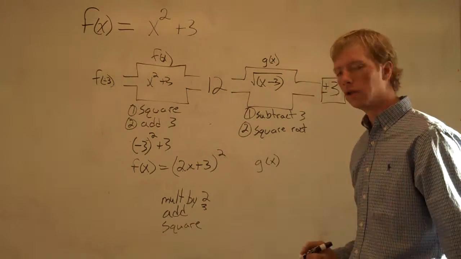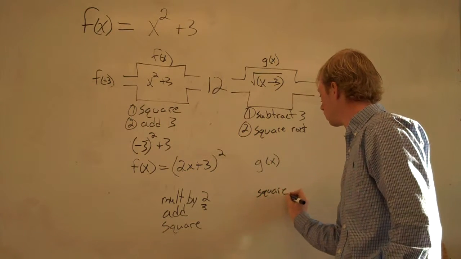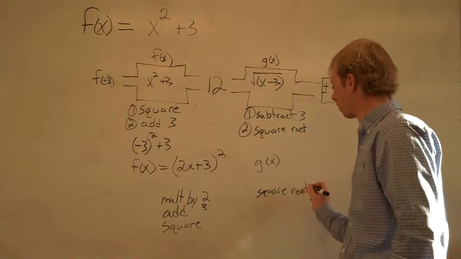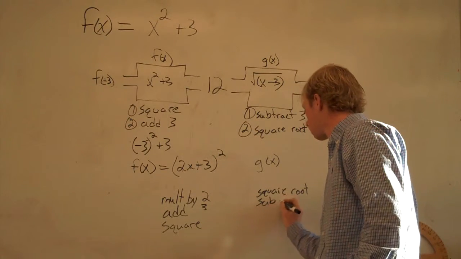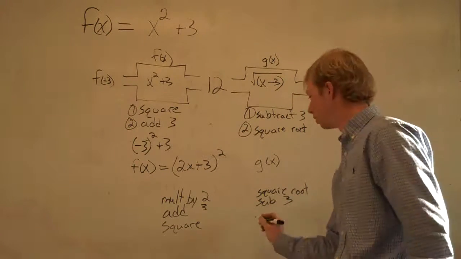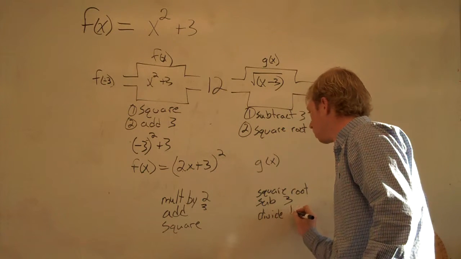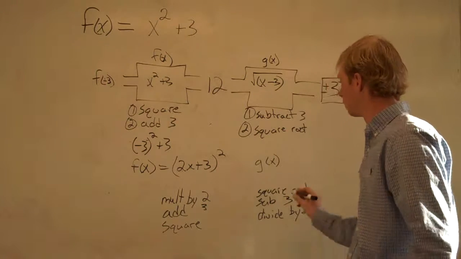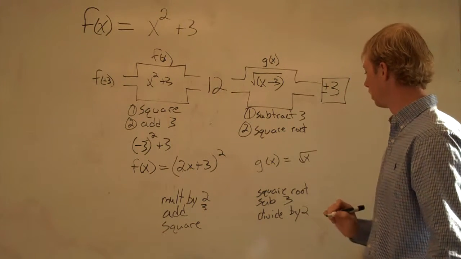I'm going to unsquare, which is square root. Then I'm going to subtract 3. And then I'm going to divide by 2. So g of x will look like x, well, let's put the square root there.